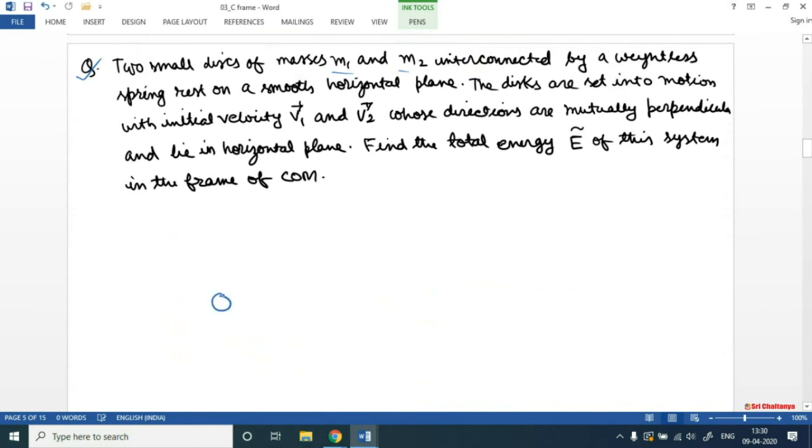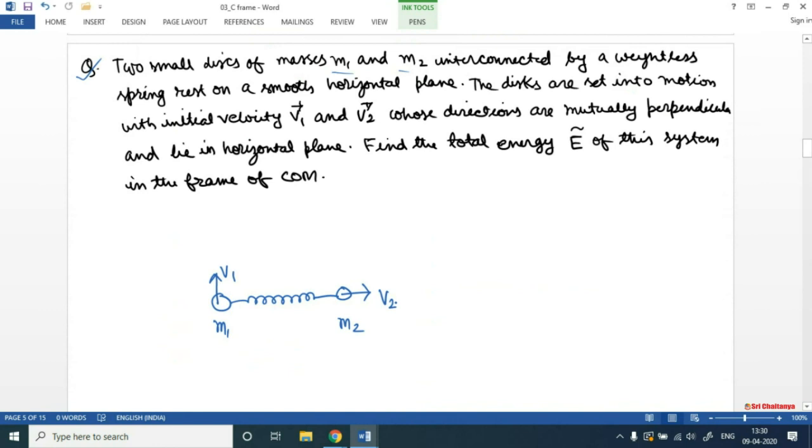So we have two disks of mass m1 and mass m2, connected by a massless spring, placed on a smooth horizontal surface, and the disks are set into motion with initial velocities v1 and v2 whose directions are mutually perpendicular. So let's say v1 is in this direction and v2 is in this direction.